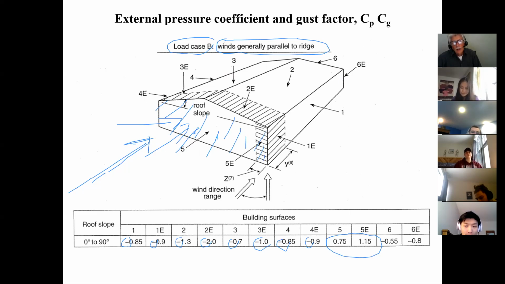Otherwise, everything else, the wind is trying to pull away from the building. You understand? So when the wind is generally parallel to the ridge, everything is in suction, and it's only the side on what we call the windward side that's in pressure. Everything else is negative.